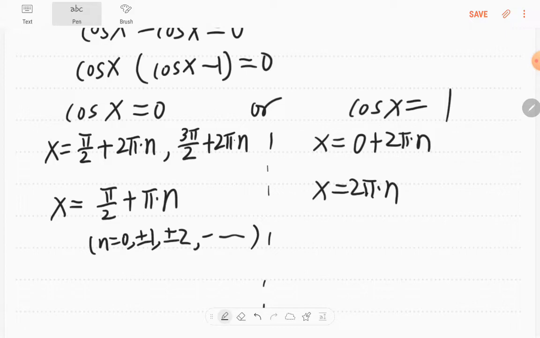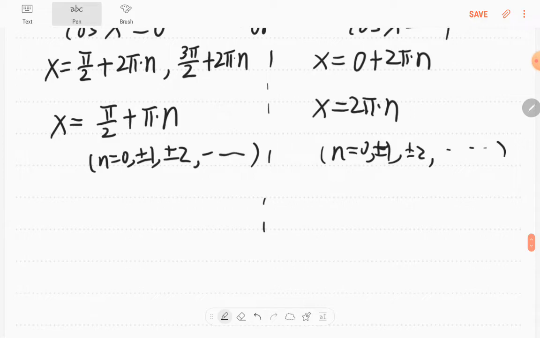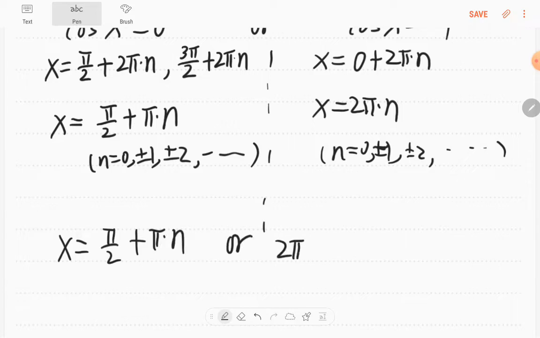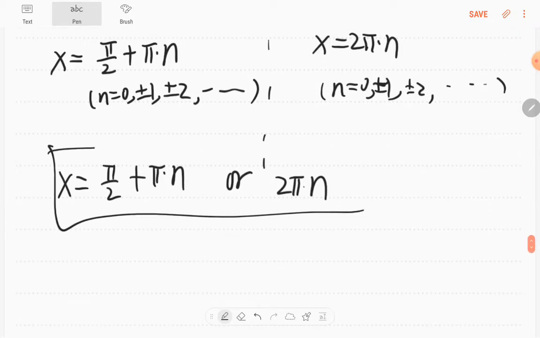Actually, we cannot combine these two. We cannot combine, so you have two solutions. X equals pi over 2 plus pi times n, or x equals 2 pi times n. Okay, so this is your solution.